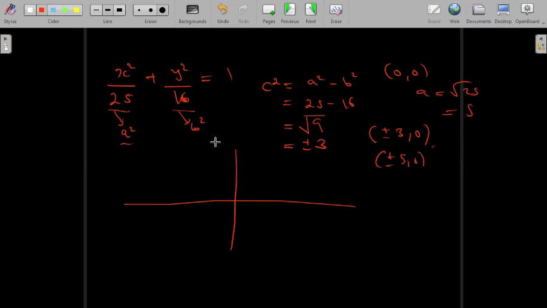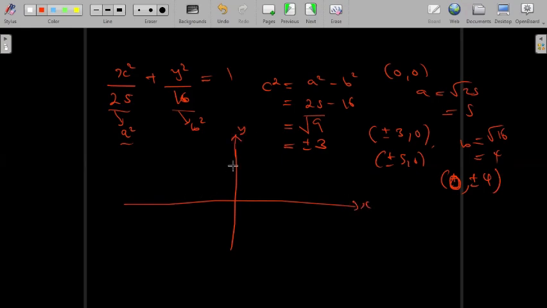Your minor axis, you have 16. b there is just going to be the root of 16, which gives you 4. So in your minor axis you have 0 comma plus minus 4, since it's in the y. Here you have your y, and there you have your x.